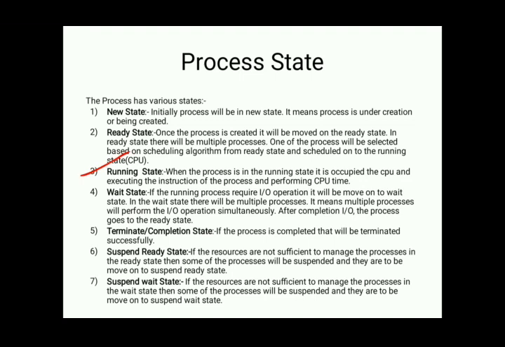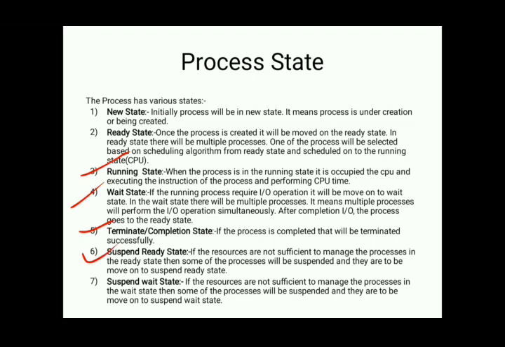In the running state, the process is executed in the CPU, and in the wait state, the process is waiting for input output resources. And in the terminate state, the process has already completed its task, and after that the process is terminated through the terminate state.